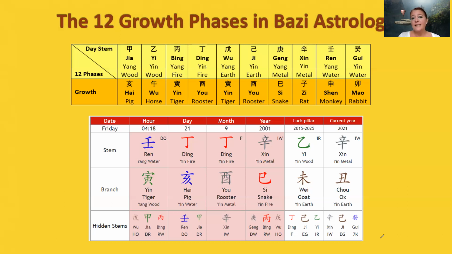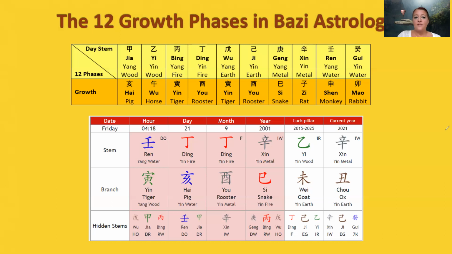There's a good chance that you attain some sort of fame and fortune in life. And if you do have children, they will likely take care of you in your old age. So overall, the growth phase is a very, very nice phase to have hidden somewhere in your Bazi chart.